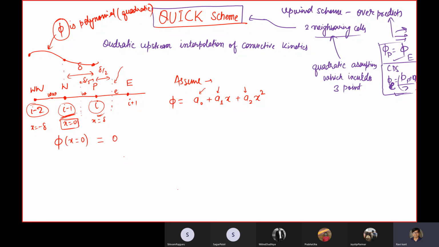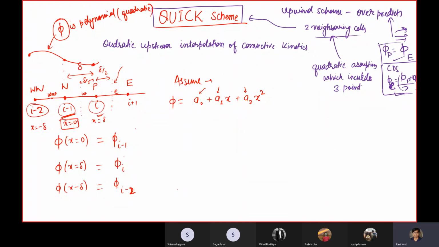At x is equal to 0, my phi value will be phi I minus 1. At x is equal to delta, my phi value will be phi I. At x is equal to minus delta, my phi value will be phi I minus 2.